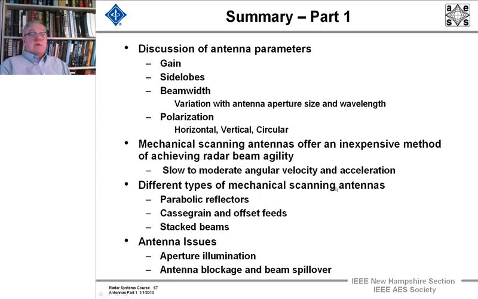And we've gone over different types of mechanical scanning antennas: parabolic reflectors, Cassegrain, and with offset feeds too. We've talked about stacked beam antennas. We've also talked about aperture illumination and blockage and beam spillover, as those are antenna issues. And this ends part 1.